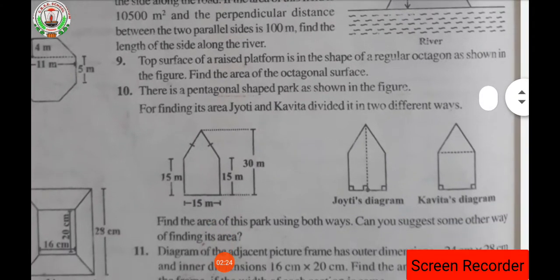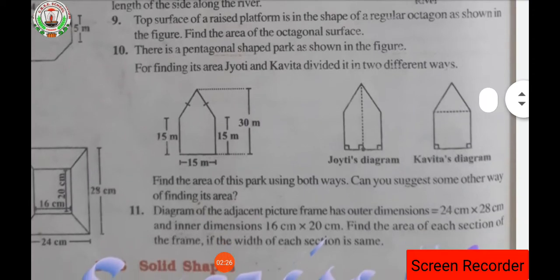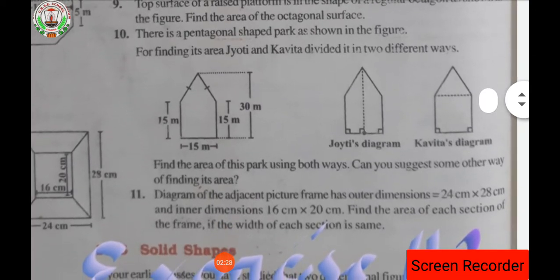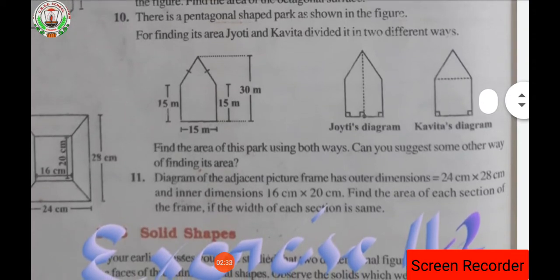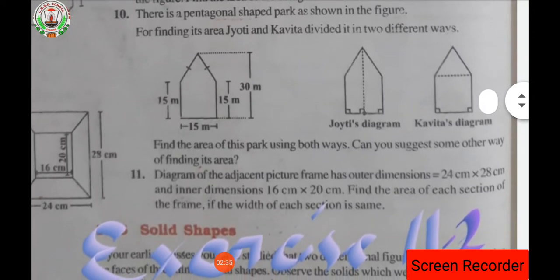In question number 10 it is said that Jyoti and Kavita, two persons, are there. A pentagonal park is there. In that pentagonal park, Jyoti is going to find the area of the park by using her own diagram, and Kavita is also using another diagram to find its area.